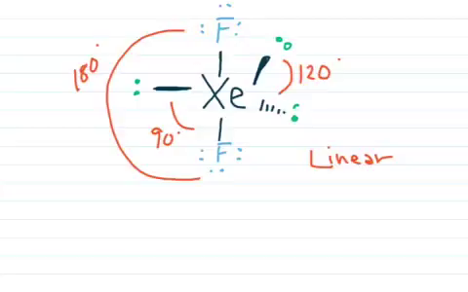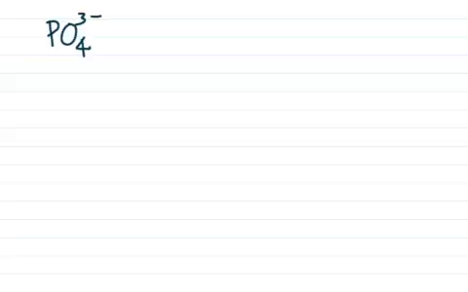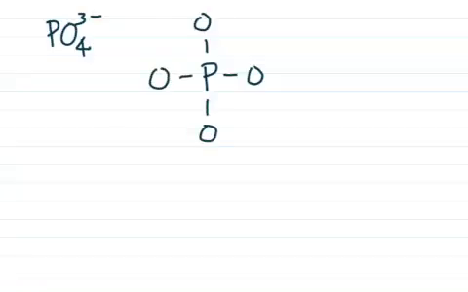So let's do another example. Let's look at phosphate, PO4 3-. The first thing we're going to do is just do a rough draw. We know our phosphorus is in the middle because it's more electropositive. And I'm going to draw my oxygens around it. Now we're going to count our electrons.